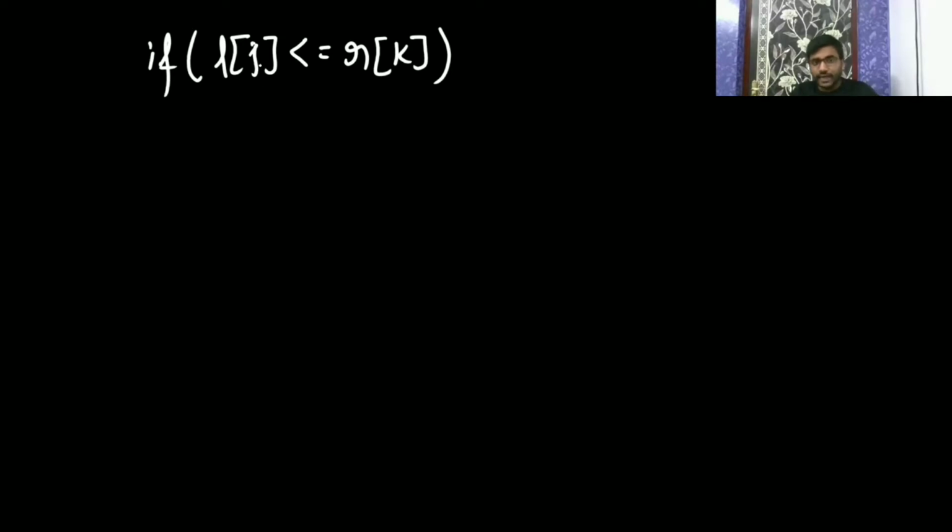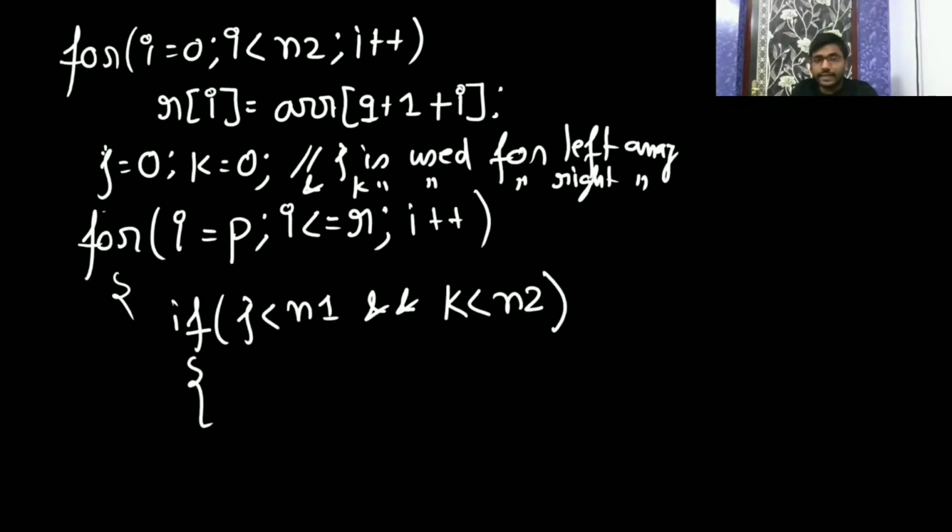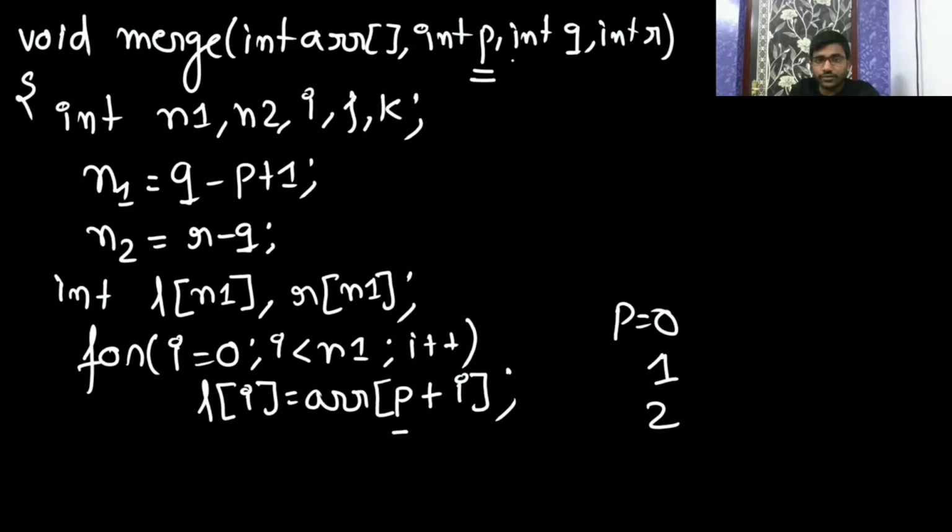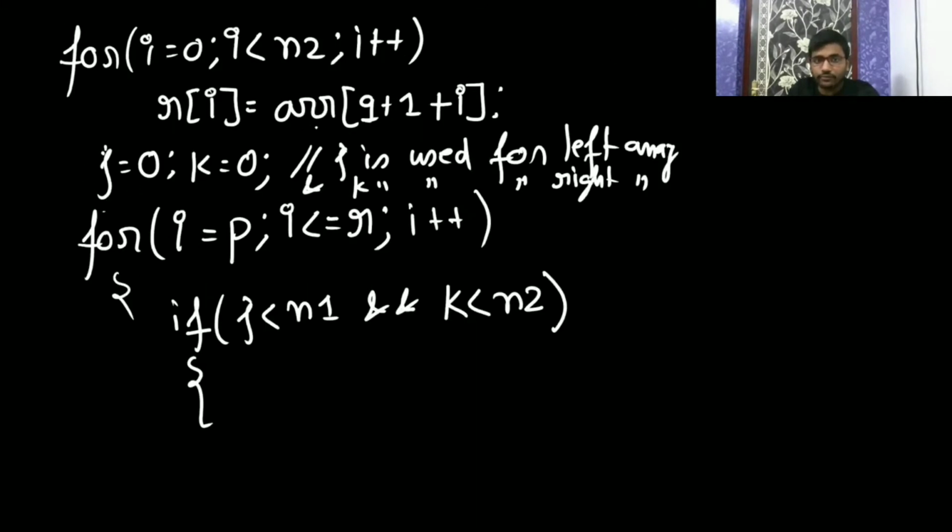If the element present in the left array is smaller than the element present in the right array, then it is going to be stored in the actual array, because I am running the loop from i equal to p to r. The actual array is going to have p to r.